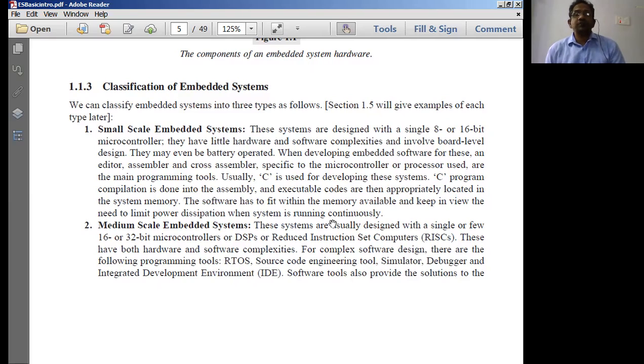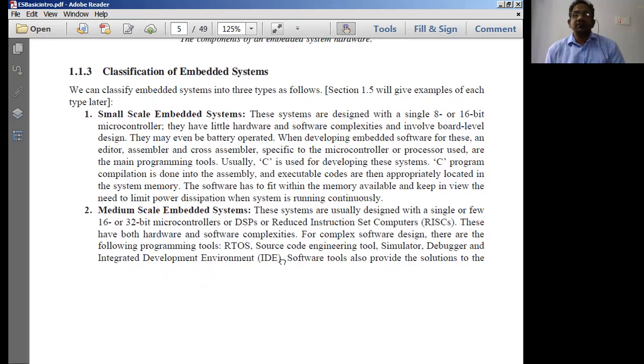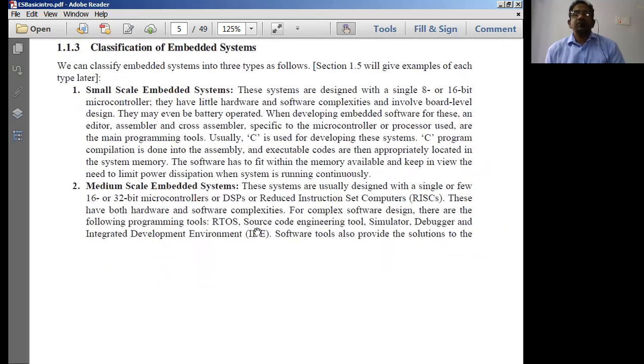So the software has to fit within the memory available and keep in view the need to limit power dissipation when the system is running continuously.